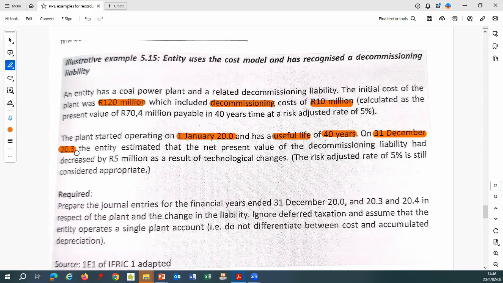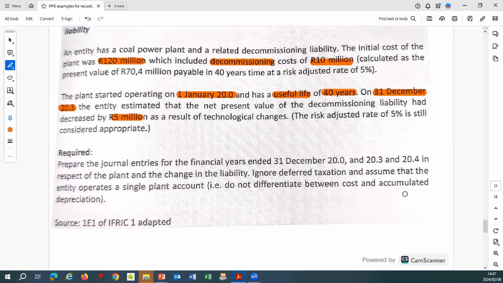The entity estimated that the net present value of the decommissioning liability had decreased by 5 million as a result of technological changes, and they still applied the same risk-adjusted rate. So we had originally taken into account 10 million, but now it should be 5 million. So we needed to prepare the journal entries for all the years up until the end of 2024 with respect to the plant.